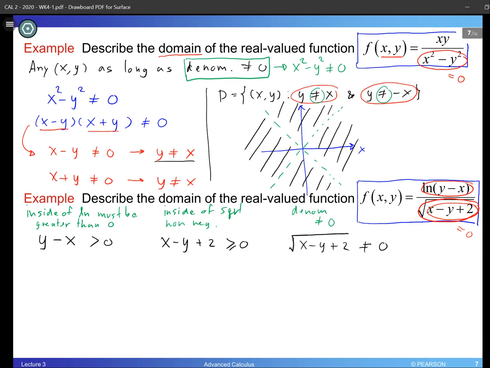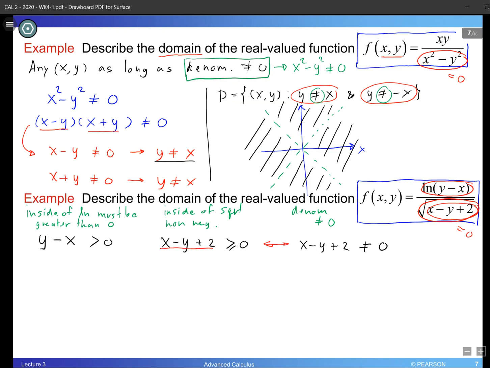And we can work a little bit further with this third condition. So we can get rid of this square root. It's the same thing, right? As long as the inside is not equal to 0, then the square root of that is not equal to 0. And then we can combine these two. This term, in the second condition, has to be greater than or equal to 0.